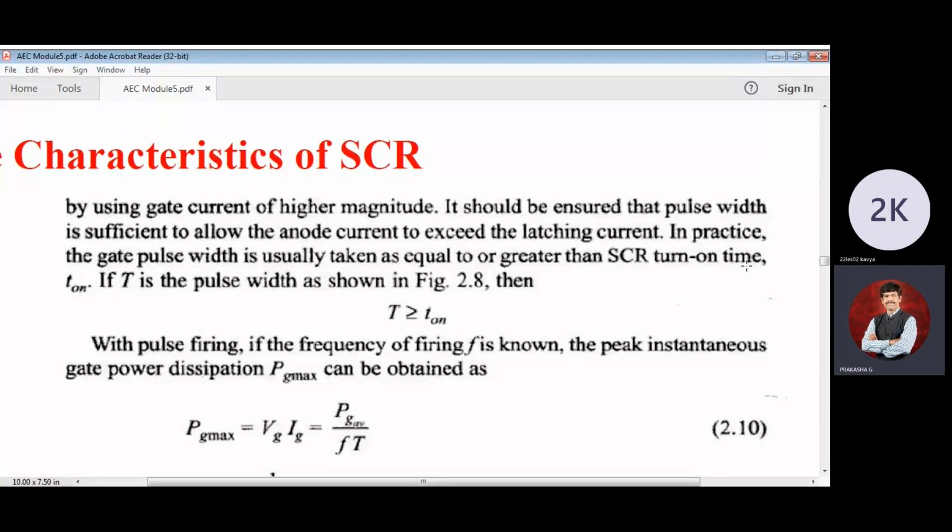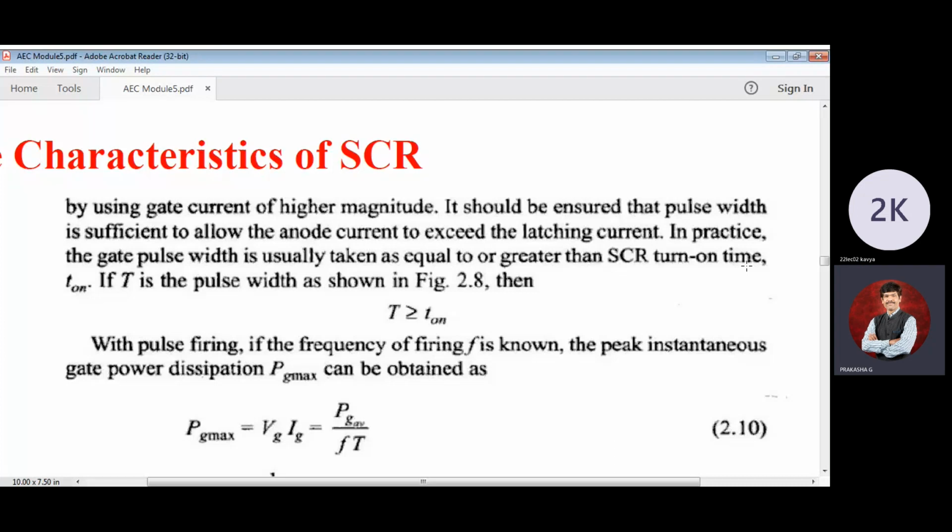So the gate pulse width is usually taken as equal to or greater than the turn on time. Whatever time the turn on time takes, the gate pulse width should be greater than that, that is T on. T is the pulse width.